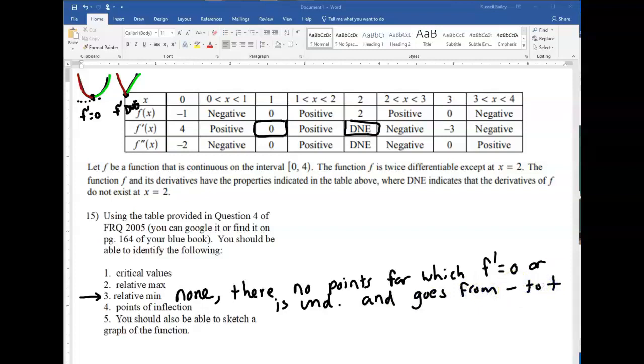So we don't have any places where the derivative is 0 or undefined and at the same time goes from negative to positive, which is the requirement for having a relative minimum. So there are no relative minima. So my answer would be none, and my explanation would be that entire sentence.